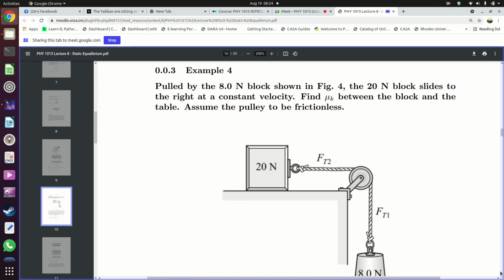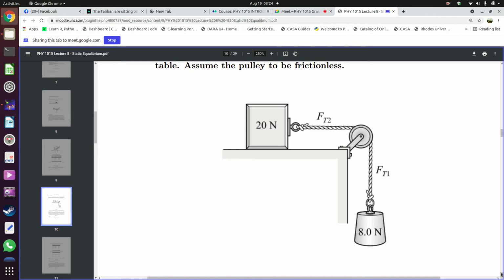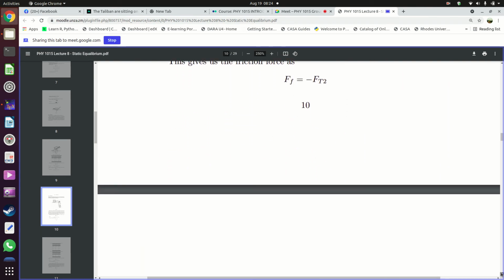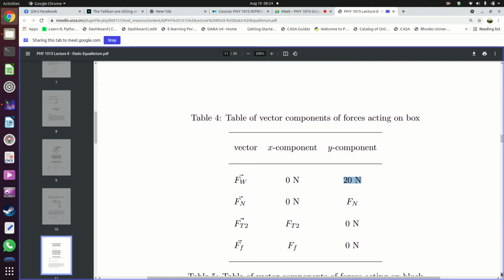So for friction, you're going to have the friction force, Ff, cos 180 degrees, and that's going to give you minus F. Are we clear? Ff cos 180 degrees is going to give you minus F. So this one is supposed to have a minus in front of it. Is that clear?